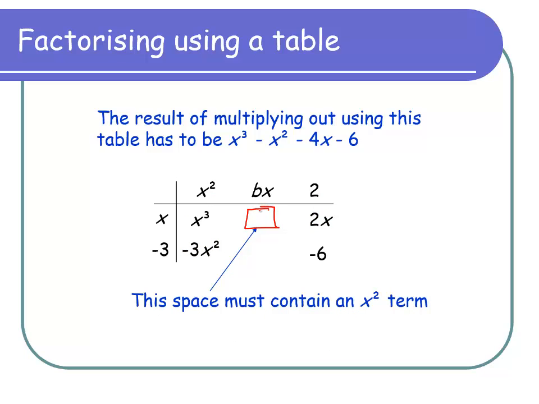This space is where we're trying to put in a quadratic variable that adds with negative 3x squared to give negative x squared. Well, negative 3x squared plus 2x squared gives negative x squared, and therefore 2x squared must go in this position here.